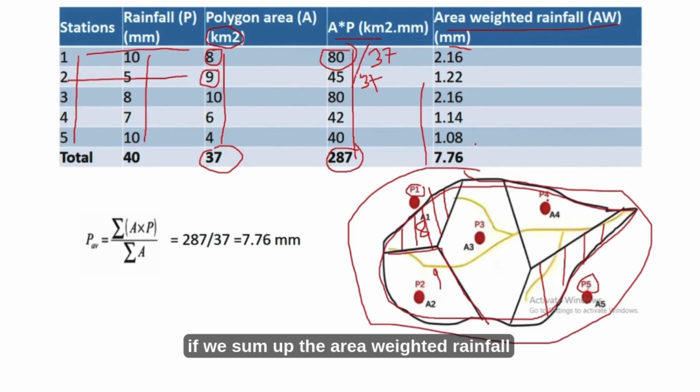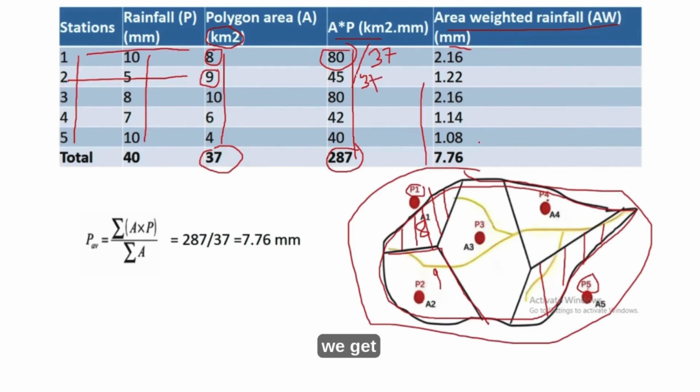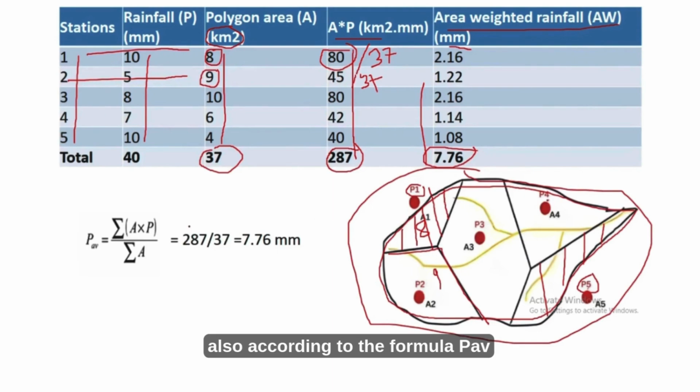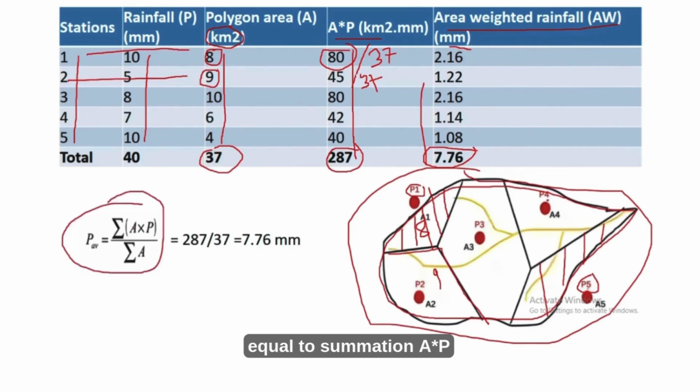If we sum up the area weighted rainfall, we get the average depth of rainfall. Also, according to the formula, PAV equals summation A into V divided by summation A. That means 287 divided by 37. 7.76 is the average depth of rainfall.